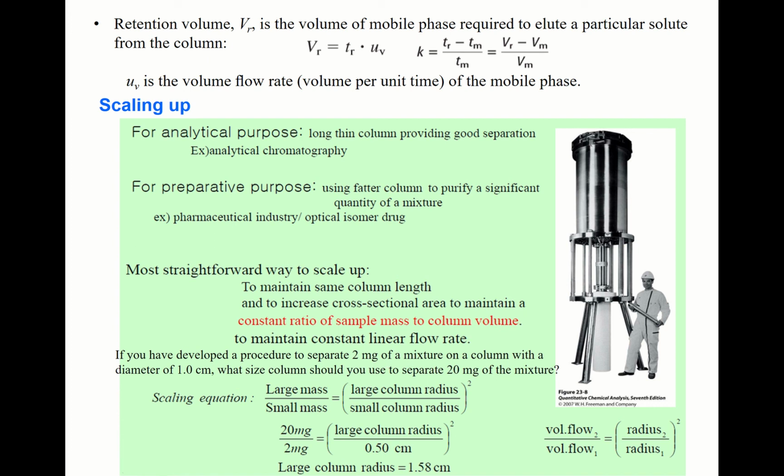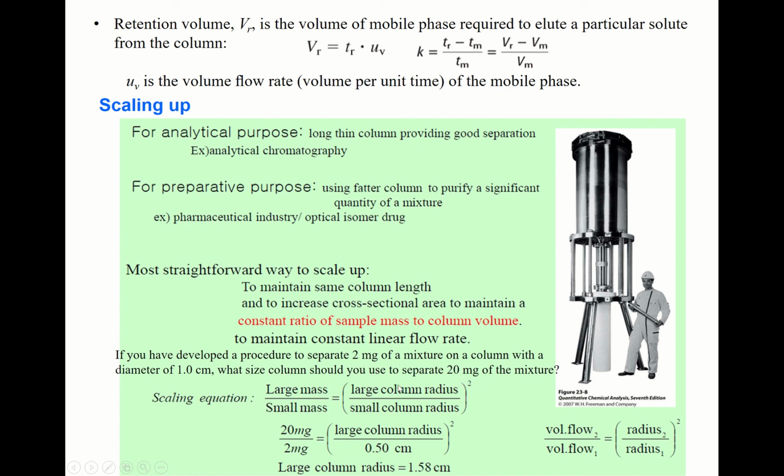With a small column, you can separate only 2 milligrams of a mixture. To separate 20 milligrams, you have to run 10 times, run after run after run, to separate the 20 milligrams of mixture.